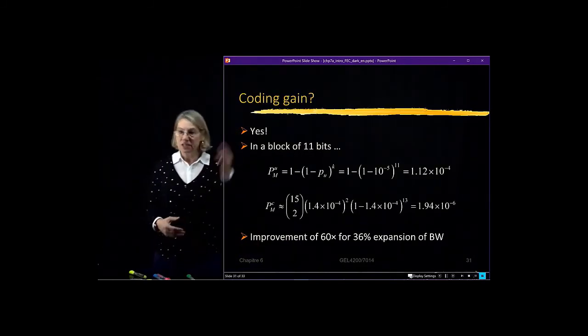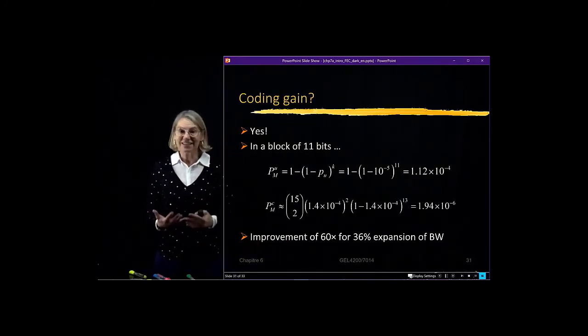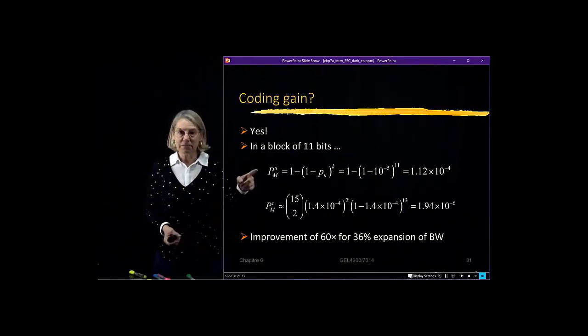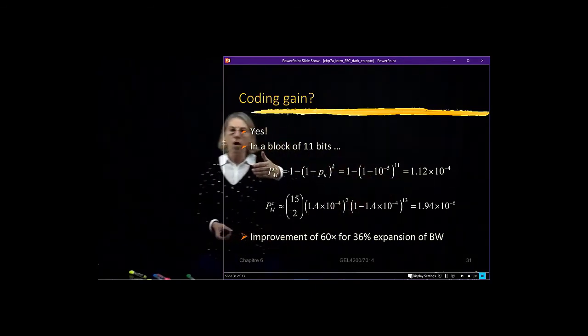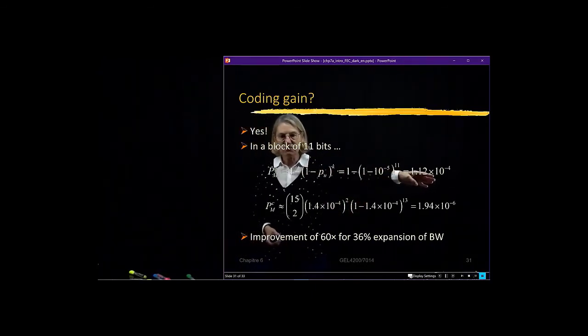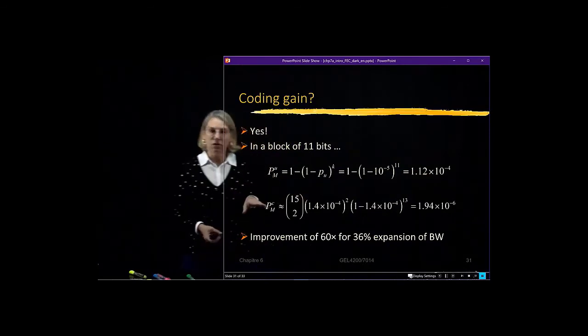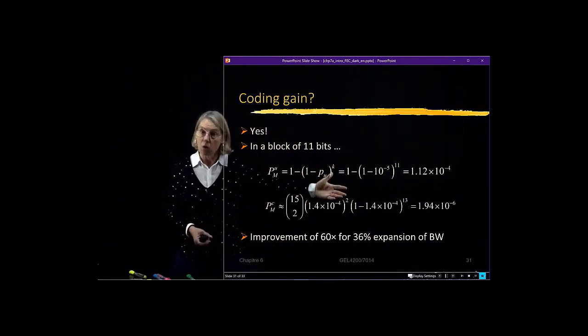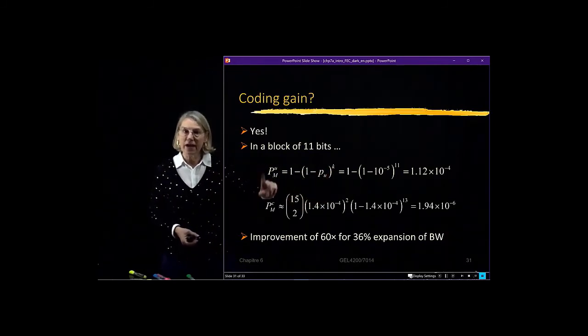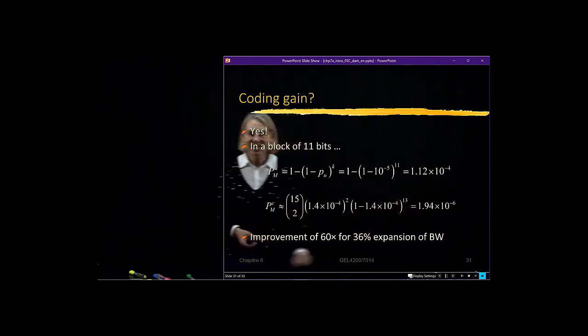So, did I get coding gain? Yes, I did. In a block of 11 bits, the probability that I would have some kind of error, in this case 1 or more, was 10 to the minus 4. But now when I use the coding, the probability of getting some kind of error, in this case it has to be 2 or more, because the 1 is going to be corrected, is only 10 to the minus 6.